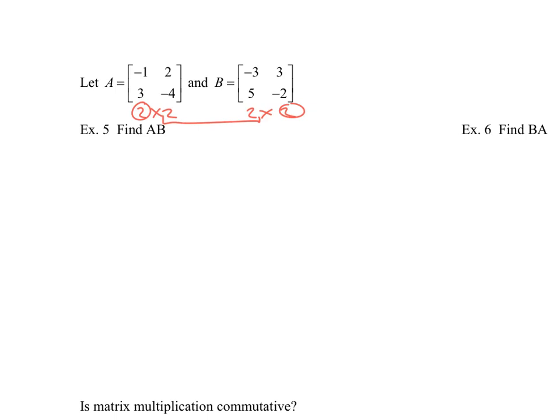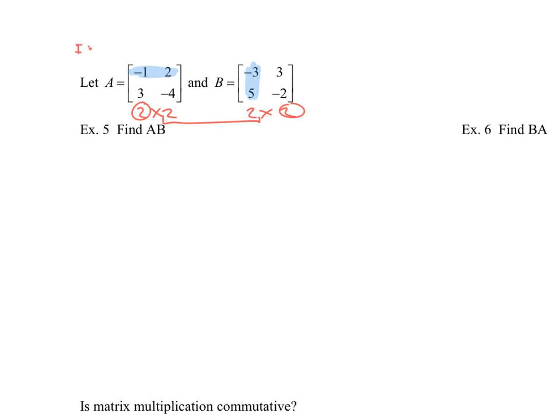What do I mean by that? We're going to take the very first row of A and multiply it by the column of B. We call this thing an inner product. That's one name of what that's called.